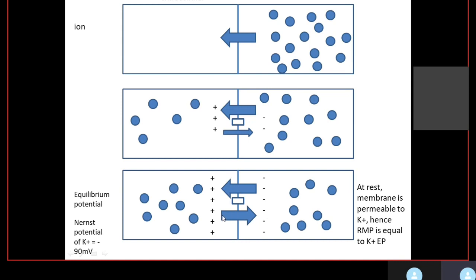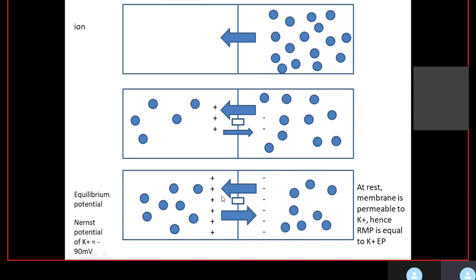So what happens? The ionic gradient will counteract and rule out the concentration gradient. So when this happens, will you see any further movement of potassium? No. So potassium stops moving.